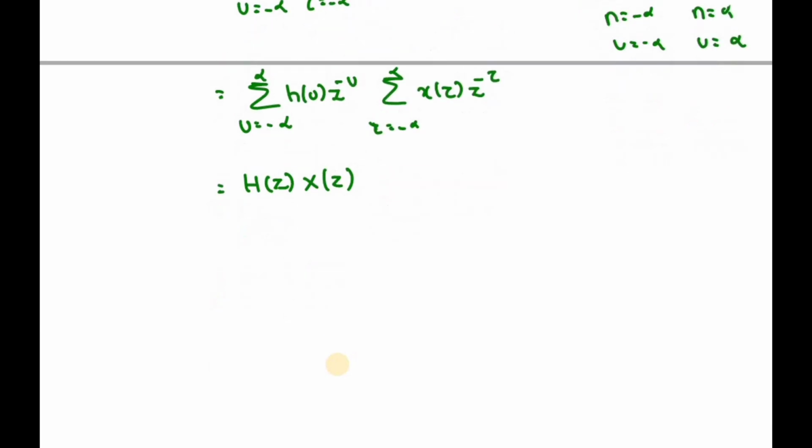So the next property is time expansion. What I am going to prove is that the z transform of x k of n is equal to x of z power k.